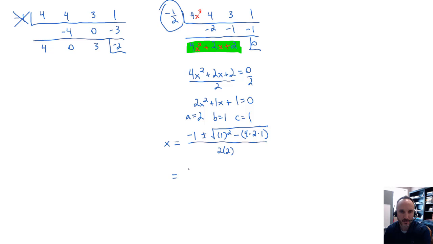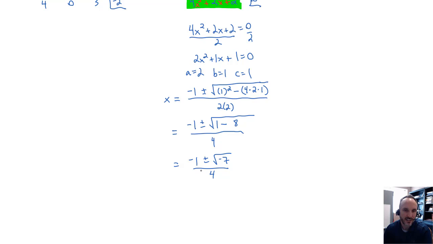Now we just need to simplify. We get negative 1 plus or minus the square root. 1 squared is 1 minus 4 times 2 times 1 is 8. And that's all over 2 times 2, which is 4. So finally we get negative 1 plus or minus the square root of 1 minus 8, which is negative 7, over 4.